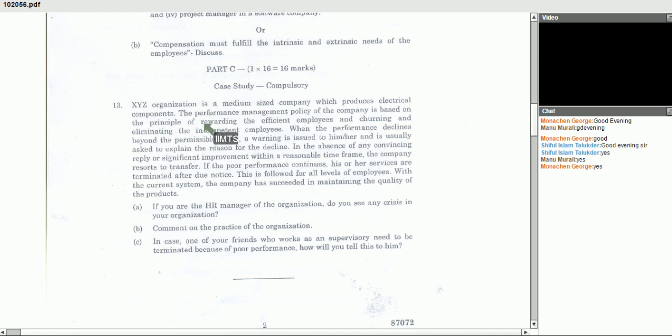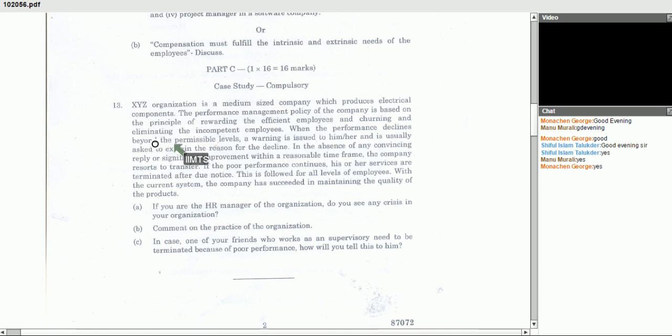So they have the policy of giving rewards to efficient employees, in the form of promotions, money, or increment in salary. And eliminating the incompetent employees means removing the employees whose performance is not good enough.